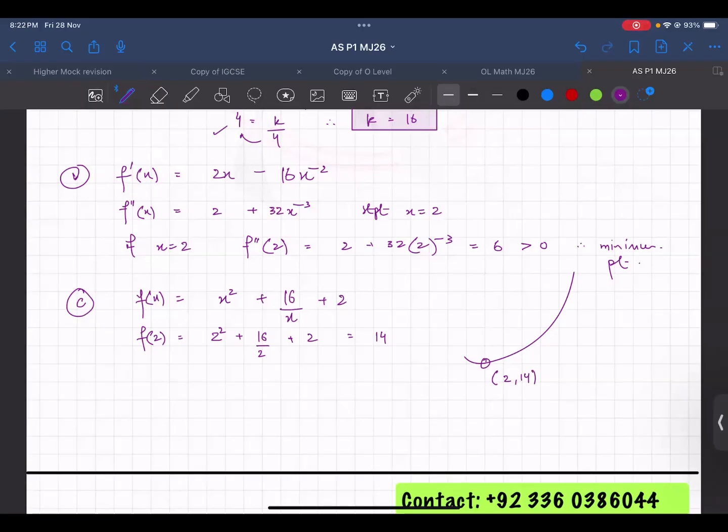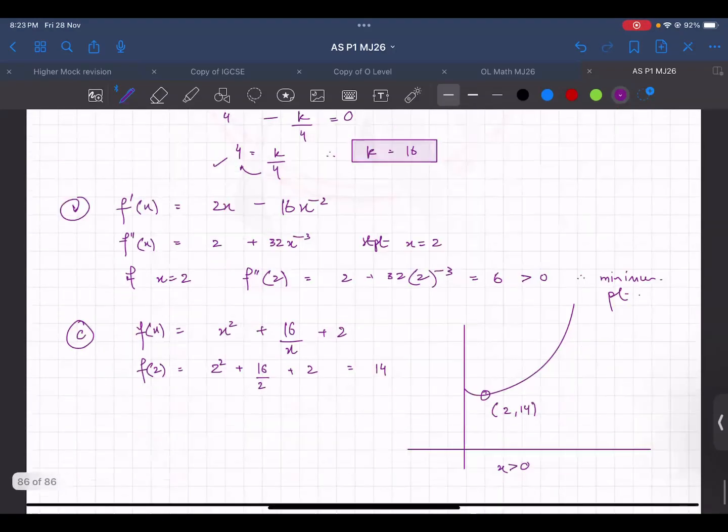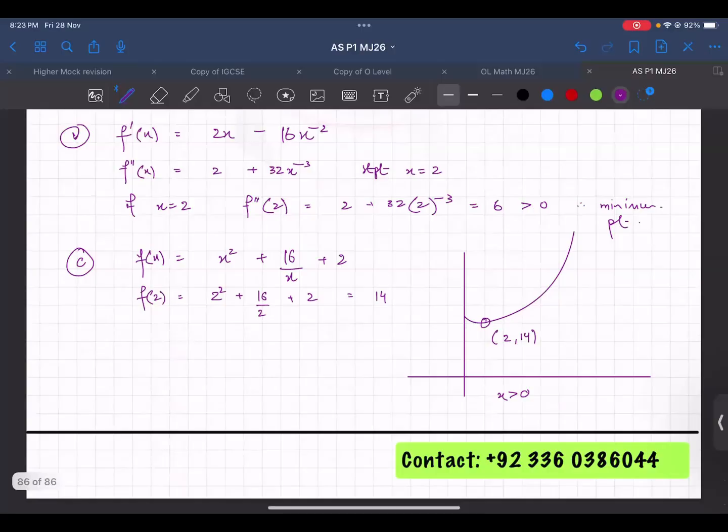And what is the domain given to us? The domain was given to us that x is greater than 0. Look at the question. x is greater than 0. So if it is exactly zero, then f(x) will come out as no answer.